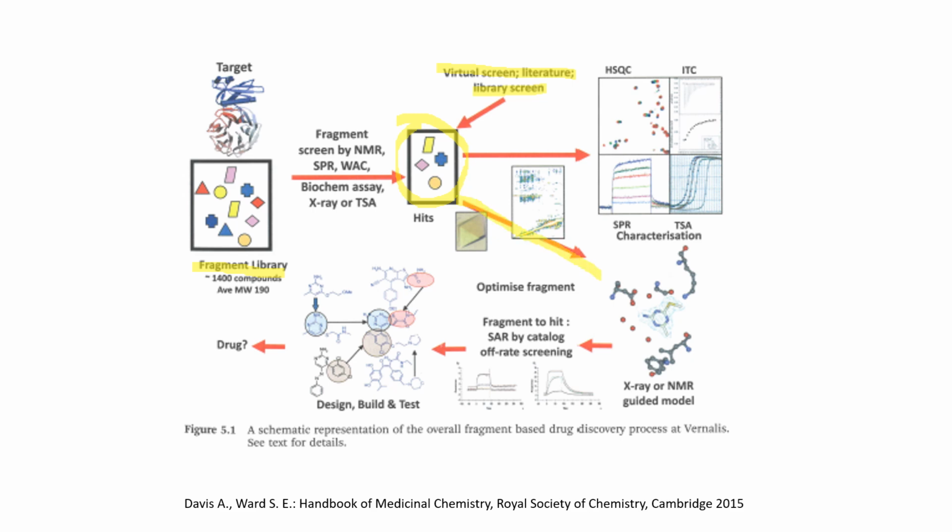The fragment needs optimization. The effectivity or activity of the fragment can be supported by an X-ray or NMR guided model, and we need the process to enlarge the molecule of the fragment.